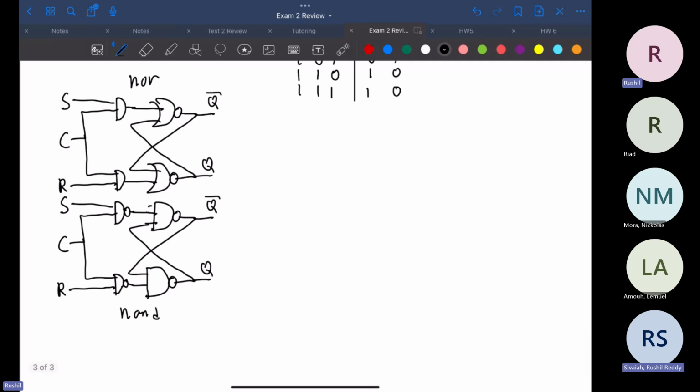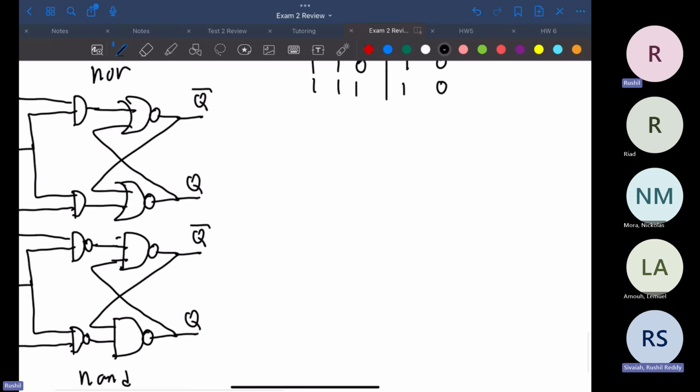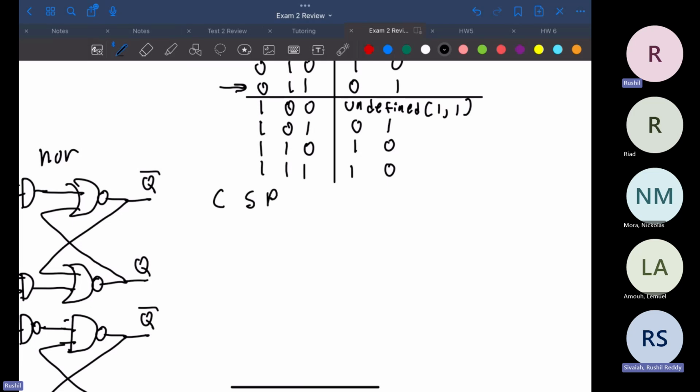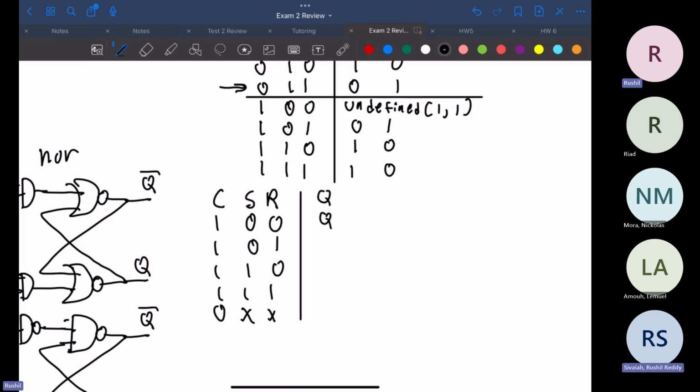We'll have C, S, and R: 1, 0, 0, 0, 1, 1, 0, 1, and then 0, X, X. I'm shortening the truth table for obvious reasons, because if the control is a 0, then it can't work. If you want to use the larger truth table, feel free.